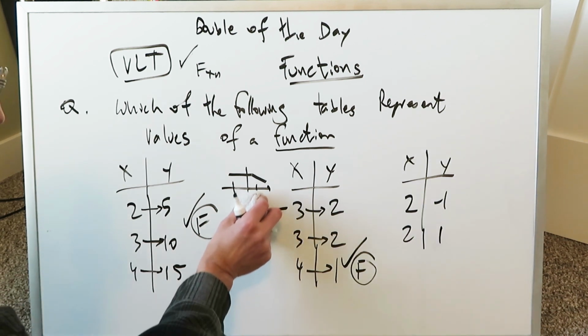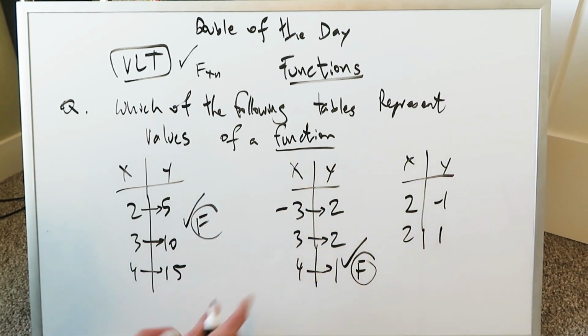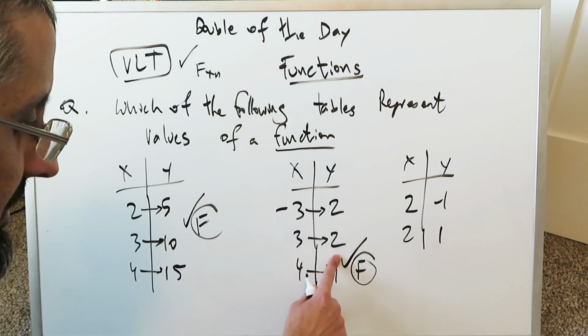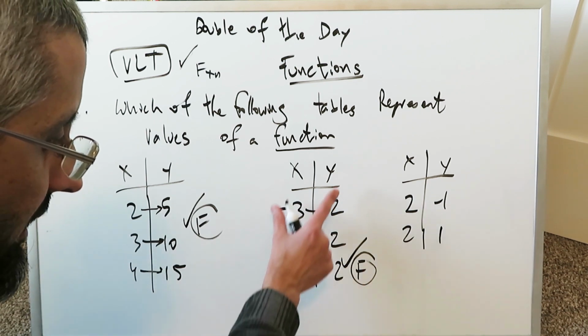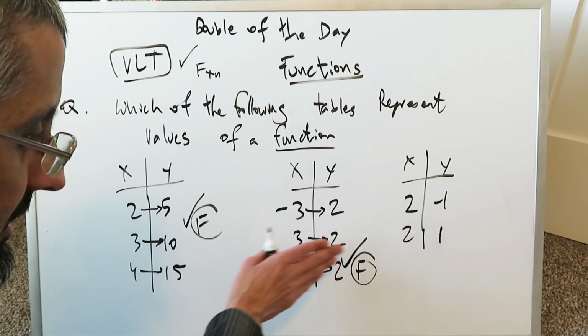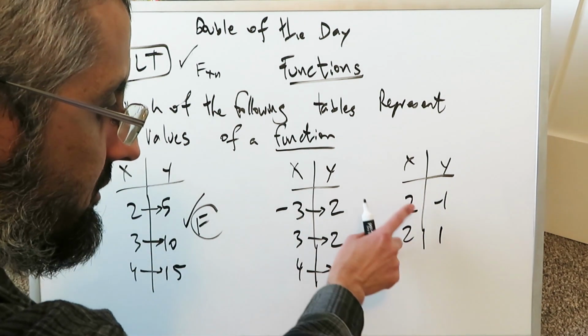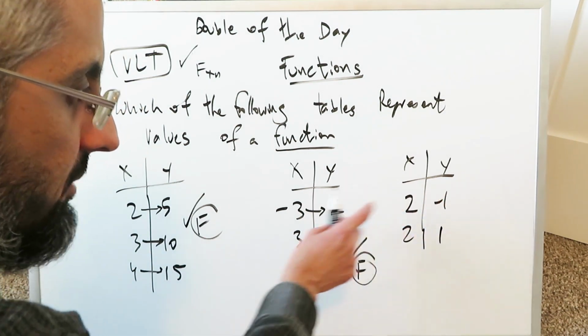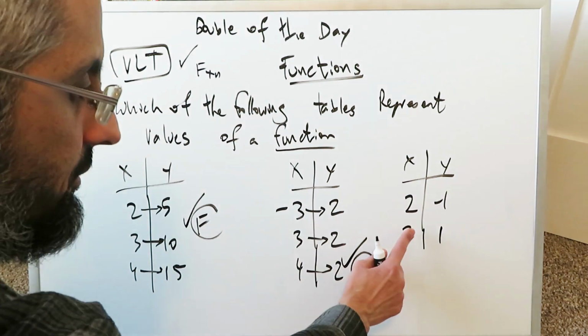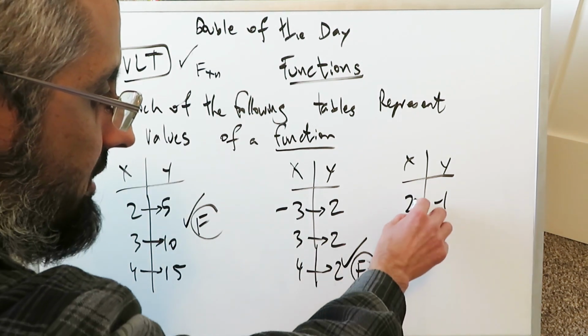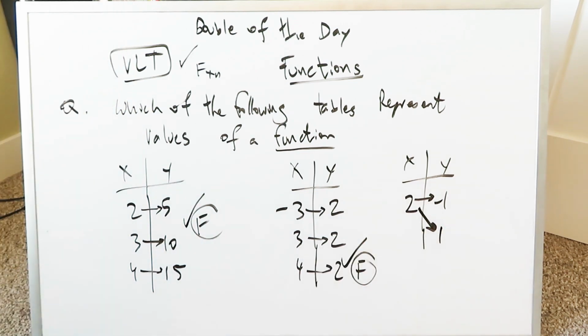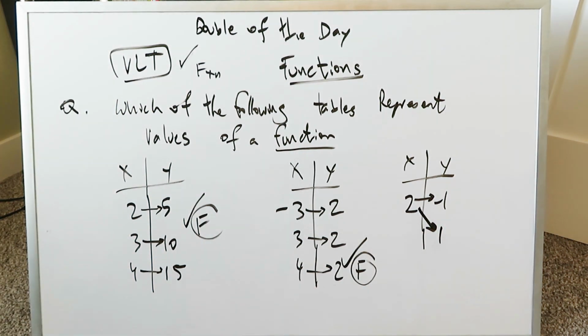Remember, you can have multiple different x values all correspond to a single y value. Even this could have been 2, and then everything here would be a horizontal line in terms of a depiction, and it would still be a function. Now when you're looking over here, you have the same x value corresponding to two different y values. You could technically erase this and do an arrow representation such as that, and now you don't see a one-to-one correspondence.